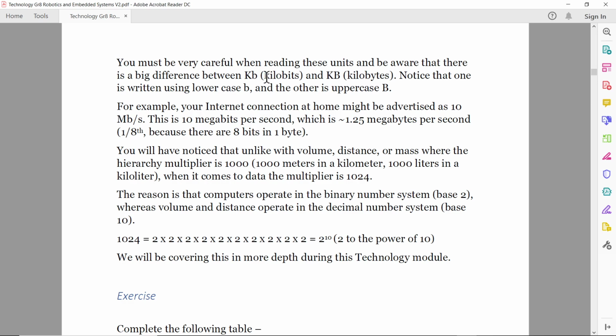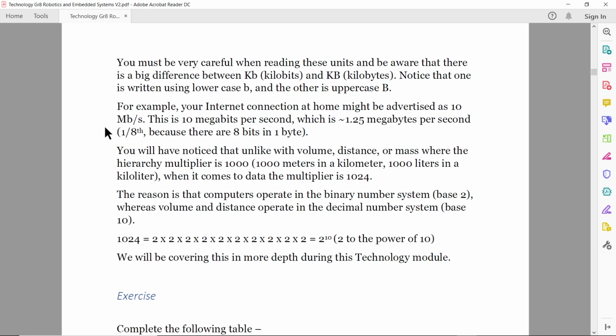Okay, the other thing to be careful of is if you're writing a small b or a big B. So we're in the unit KB. If the B is small, it means kilobits. If the letter is a capital letter, K with a capital B, it's bytes. So it's kilobits, kilobytes. Just be careful.